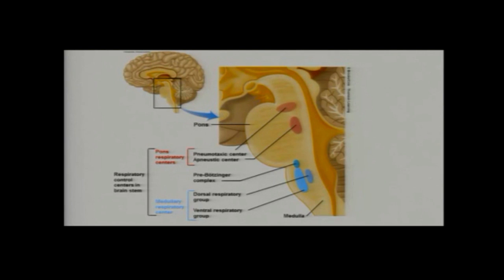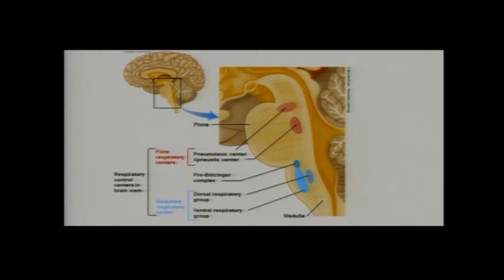Among these different areas, we have a couple of areas in the medulla, and together we call them the medullary respiratory center. And then we have two areas in the pons that we sometimes call the pontine respiratory centers. Now, the most important area for control of respiration is really the medulla, right?